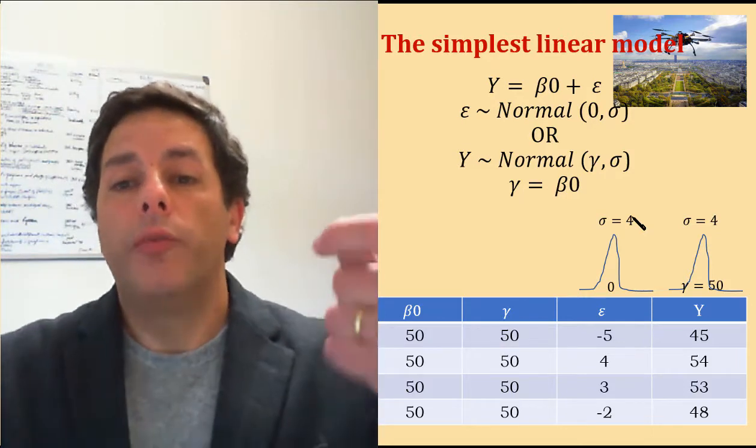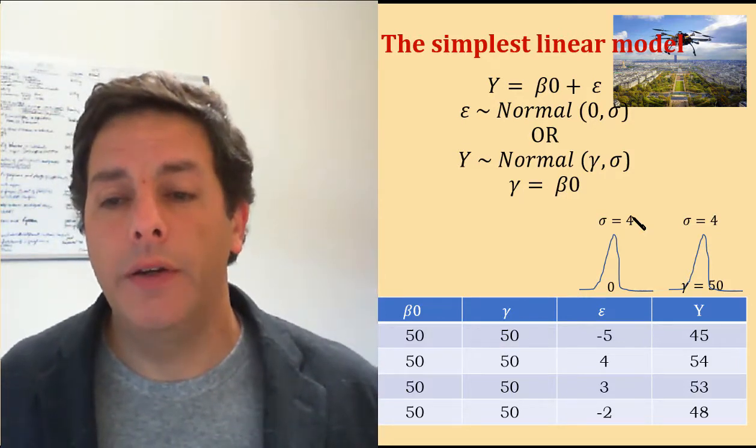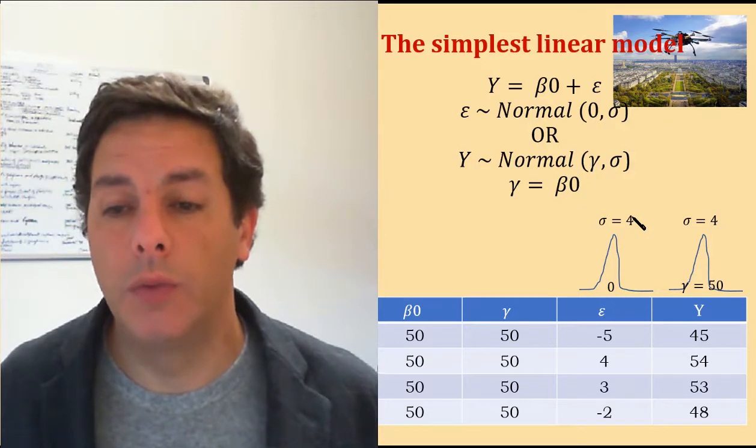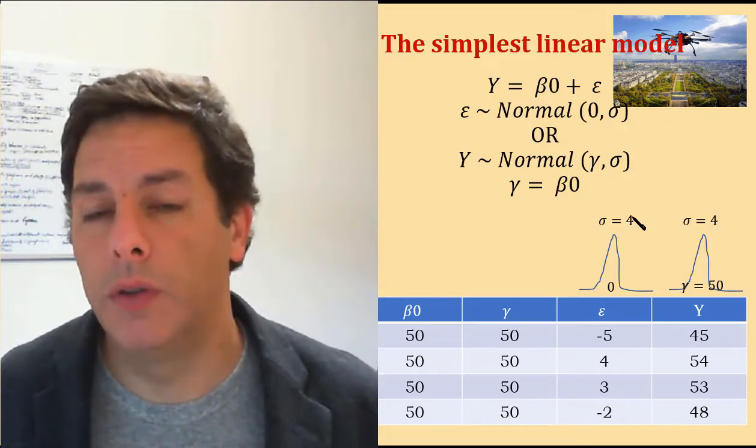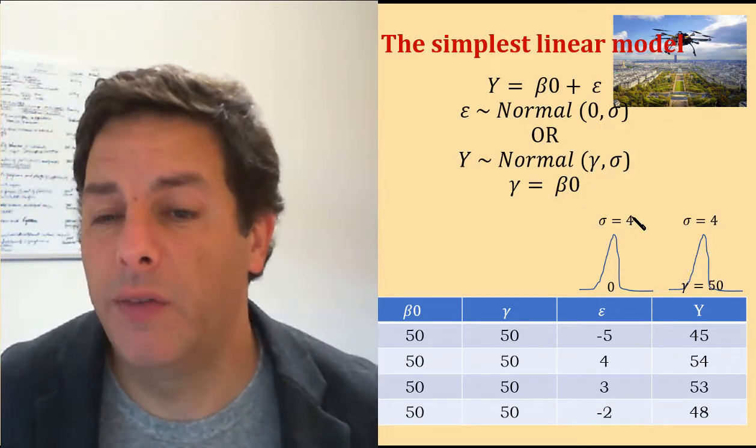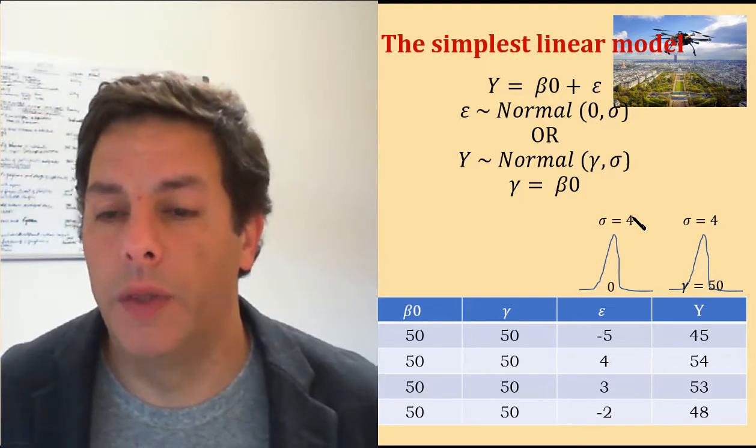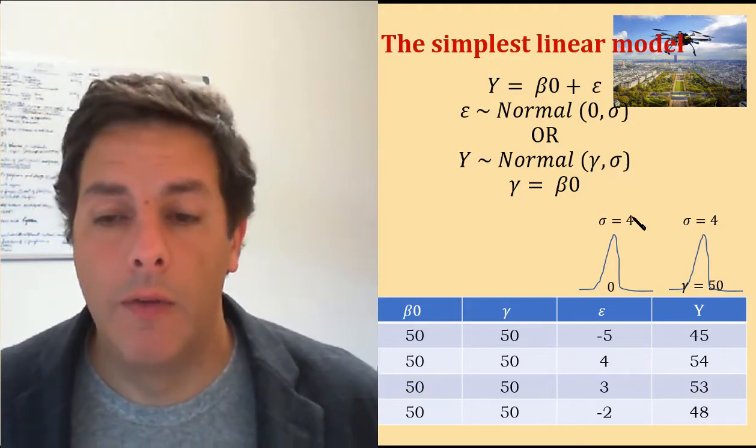Let's say we randomly obtain one value from that. Well, -5, in the first row, is a likely value in this distribution.